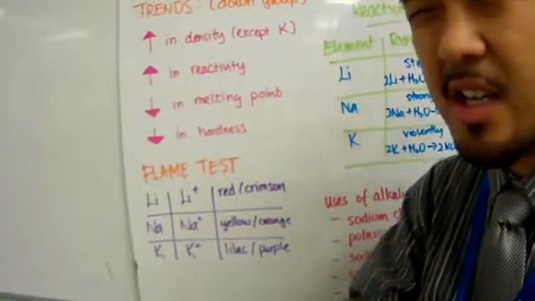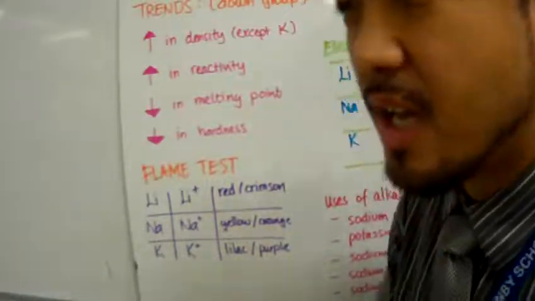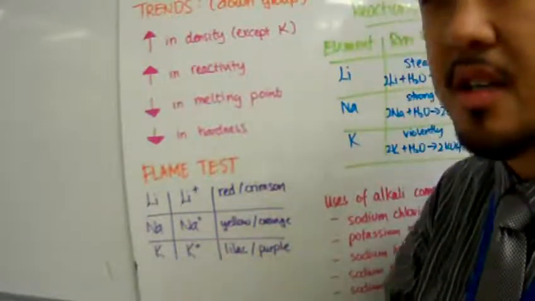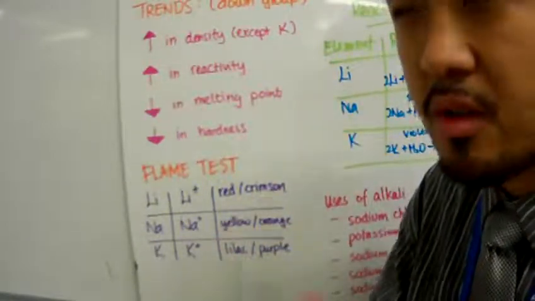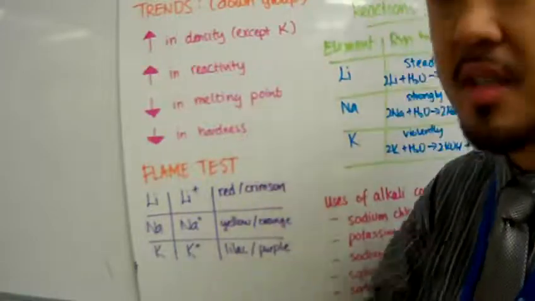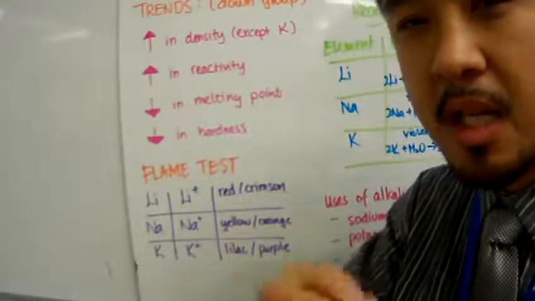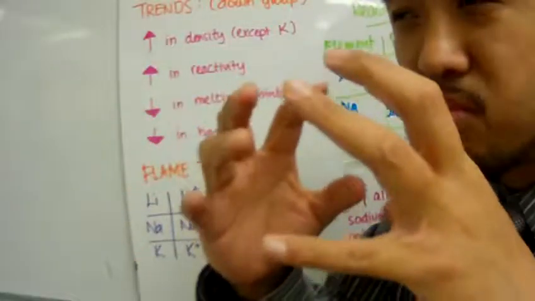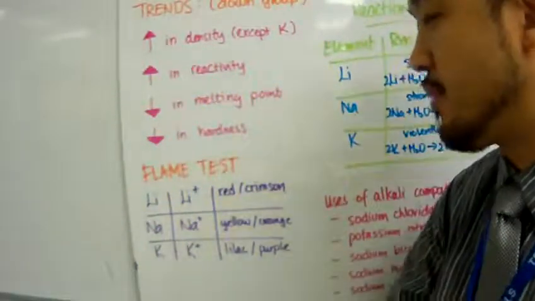Now, here are 3 examples that you can learn. First is lithium. When the lithium ion is ignited or burned, it emits a red or crimson color. So it's like dark red, almost bright, bloody red in color.